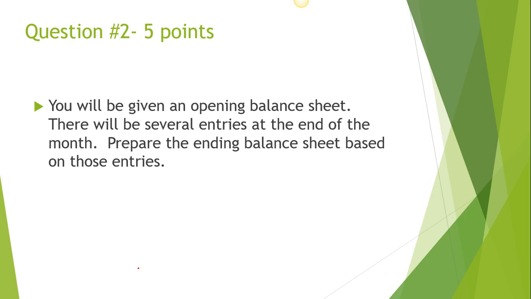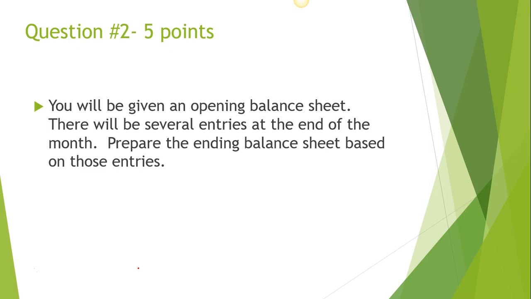Question number 2 is 5 points. In this particular question, you will be given an opening balance sheet. There will be several entries at the end of the month. Prepare the ending balance based on those entries. In other words, you get a balance sheet starting on February 1st, and then you have all these transactions which took place during the month.